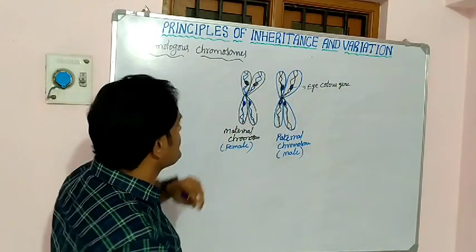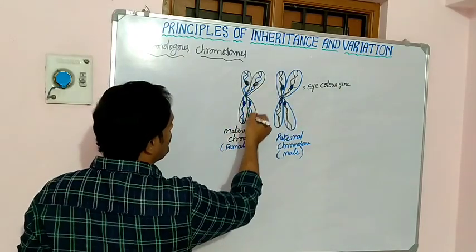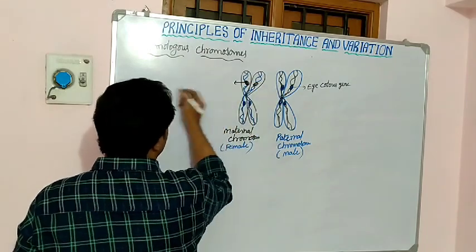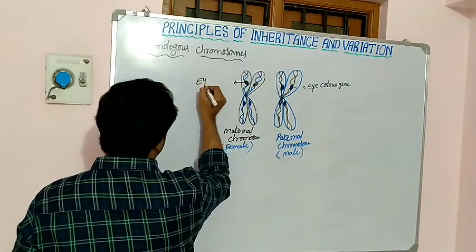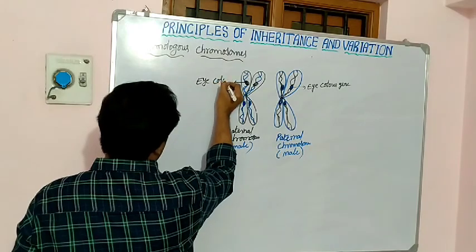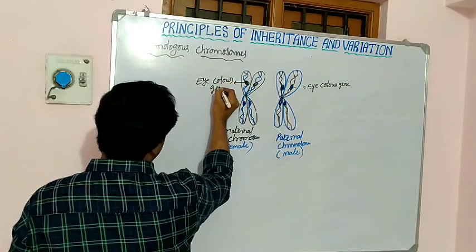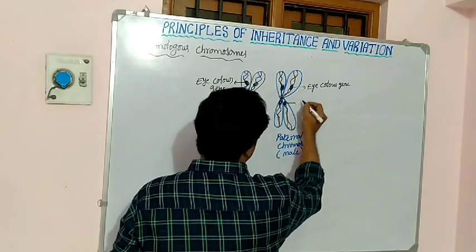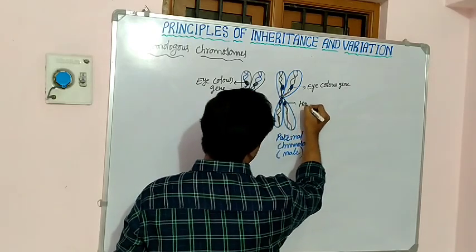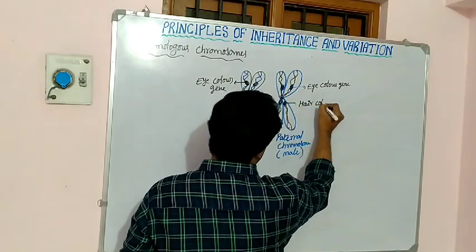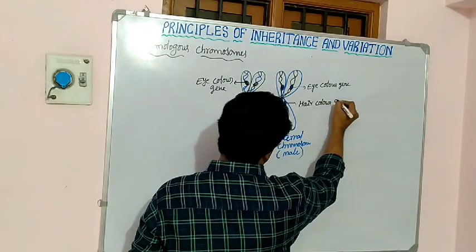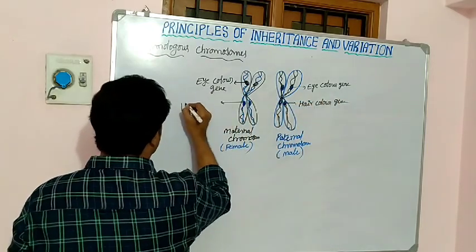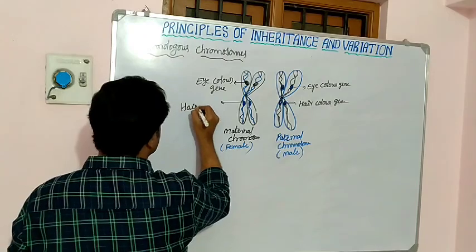In the same location in the maternal chromosome, there is also the same eye color gene. See here, for suppose the hair color gene, and here also, at the same position, the hair color gene.